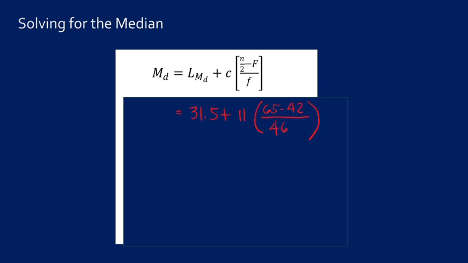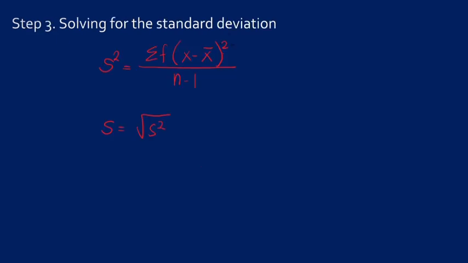If you do the math, the median is equal to 37. So after solving for the median, we now proceed to finding the standard deviation. The formula for the standard deviation: first we need to solve for the variance S squared, and then we get the square root of the variance to give us the standard deviation.